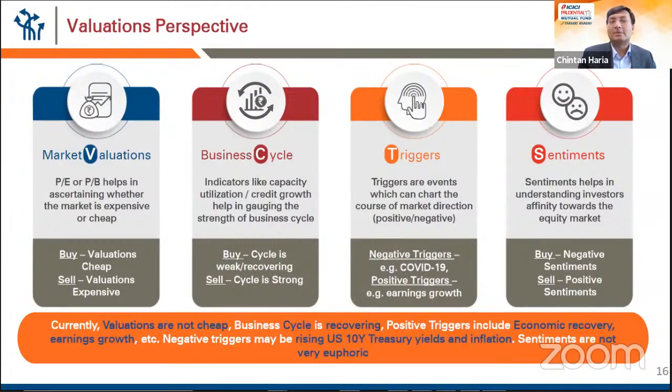So the US does seem a bit more expensive. And hence, when there is a correction in US markets, it may follow in India as well. So that is the negative trigger, and obviously the trigger can be the increase in interest rates in the US. They've kept it low for a while, but at some point of time, the US will have to take back the liquidity and probably print.